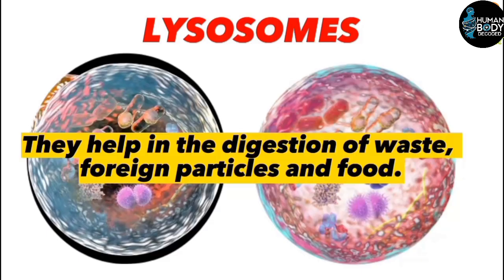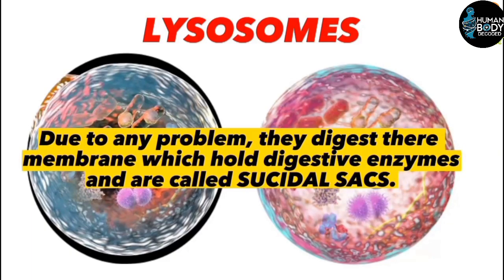If any foreign particles enter the cell, like bacteria or something else, the lysosomes help digest those too. Due to some fault in the lysosomes, sometimes their enzymes end up digesting the lysosome itself. This is why we call it a suicidal sac, meaning it kills itself.